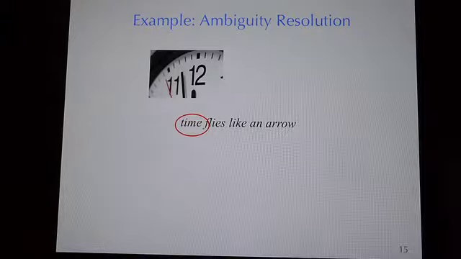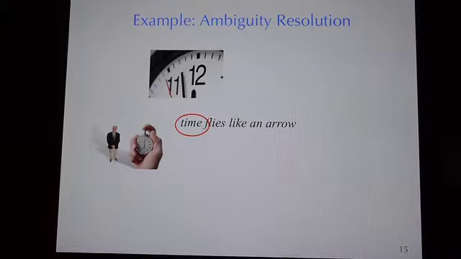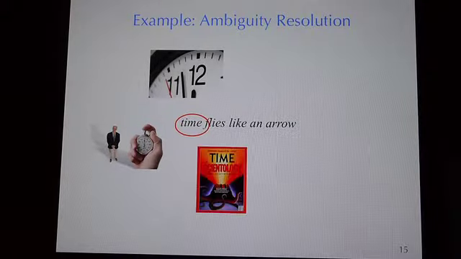It could mean time as the fourth dimension. It could mean the verb, the act of timing someone, like time me while I'm running. Or it could refer to the well-known magazine Time, as an article was published in Time which discussed this matter. So already for the first word, we have more than one option to consider.